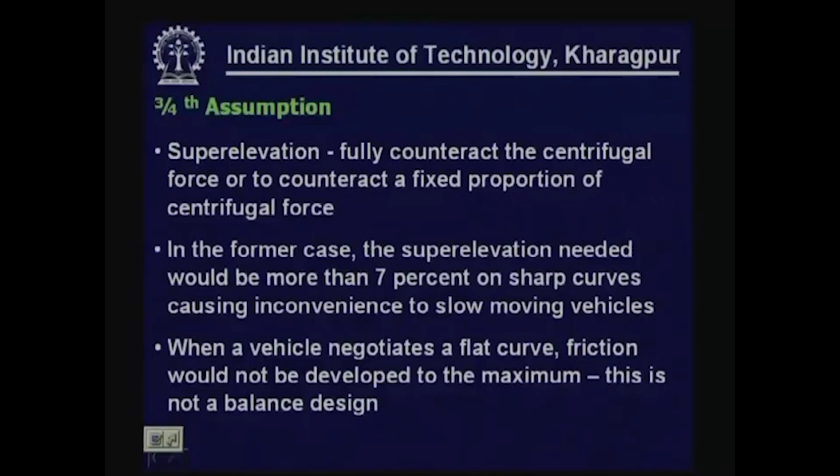So, for them the super elevation will be absolutely fine and it will be convenient also for that kind of vehicles. But the same road space is also used by slow moving vehicles.